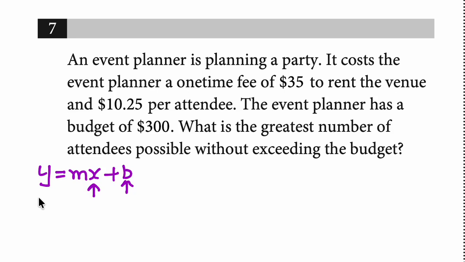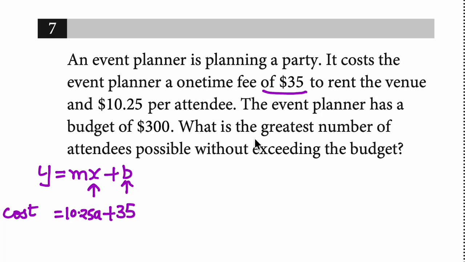That means you have not started anything, whatever the question is asking about. And then what are the initial charges for it? For example, in this question, when you are booking a venue for the party, you have to pay a one-time fee of $35. Now this 35 is the initial cost. And per attendee, the cost will increase by $10.25. So the number of attendees will keep on increasing and that will be the total cost.